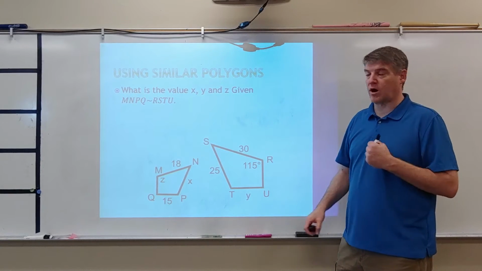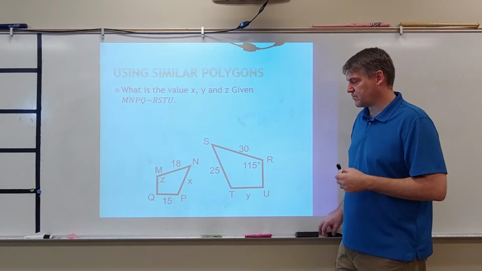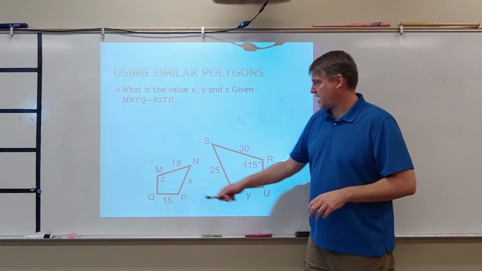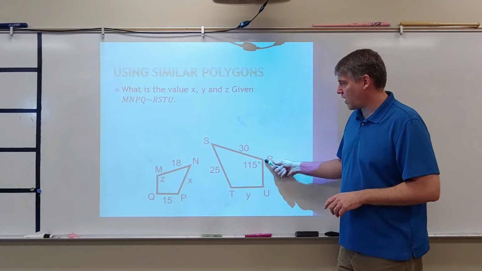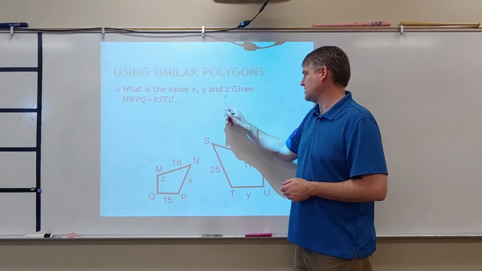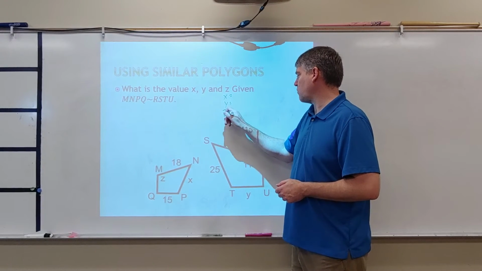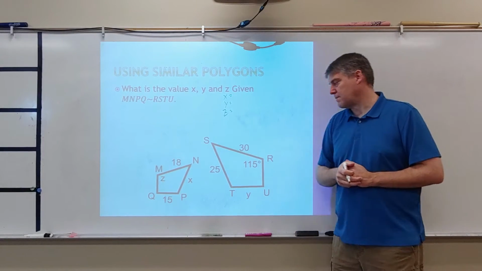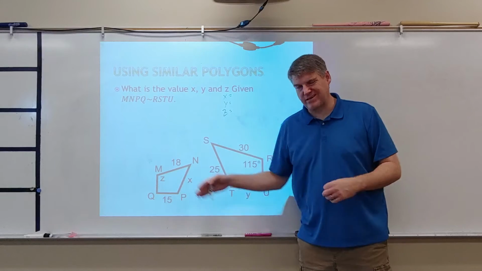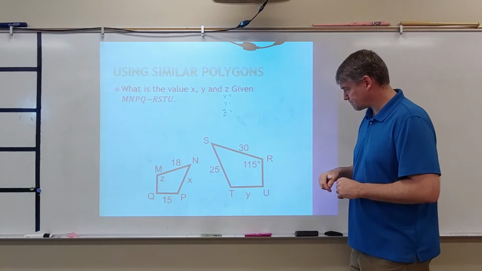MNPQ is similar to RSTU. The first thing is M matches up with R. I'm going to put my X, Y, Z here so I don't always have to find X first, then Y, then Z. I can find whichever one's easiest.